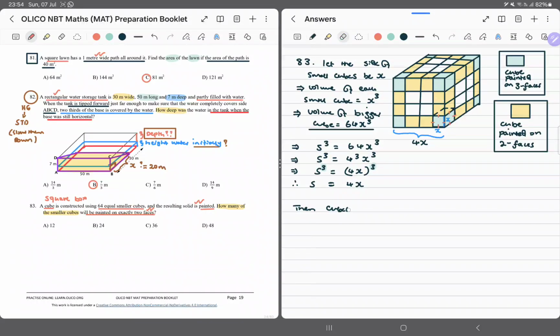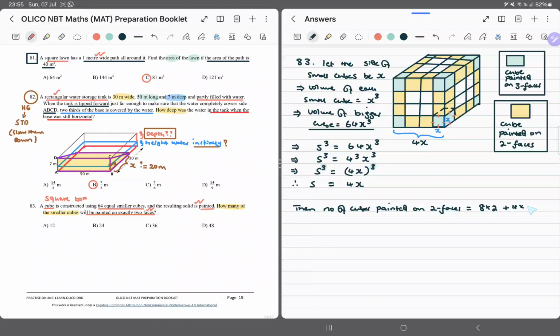So we can say then, the number of cubes painted on two faces is going to be equal to, we can say here this is going to be 8 times 2, because it's this face and the face at the back. There's going to be 8 on each. Then there's going to be 4 on either side.